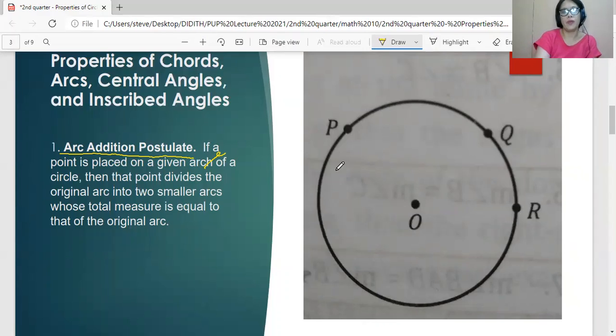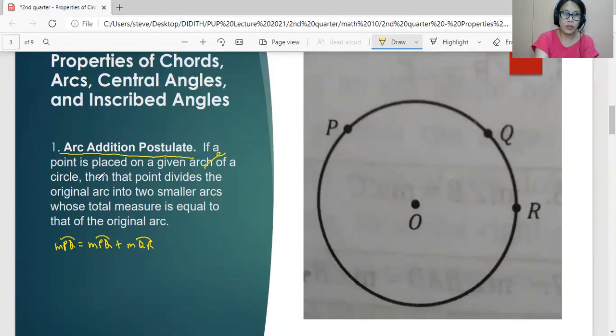For example, we have arc PR here. The measure of arc PR is equal to the sum of the two smaller arcs, arc PQ and arc QR.